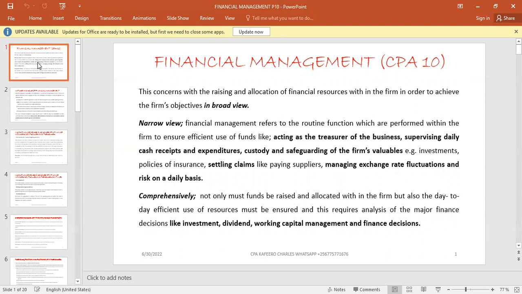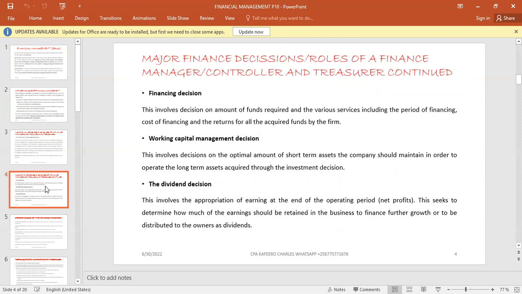The financial manager has to make some decisions, and these finance decisions are the investment, dividend, working capital management, and financing decisions, as we are going to look at them. And we see how each of them contributes to our major objectives or our major role as financial managers.